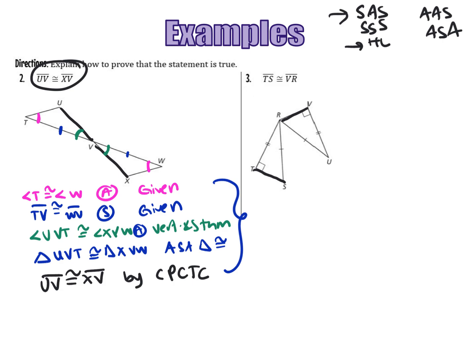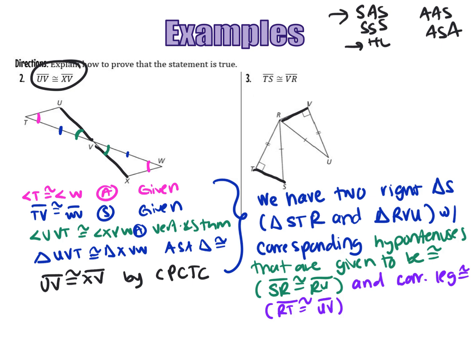So what I would do first is I would note that we have 2 right triangles and that we have a hypotenuse and a leg that are corresponding and congruent. So we have 2 right triangles, triangle STR and triangle RVU, with corresponding hypotenuses that are given to be congruent. SR is congruent to RU.